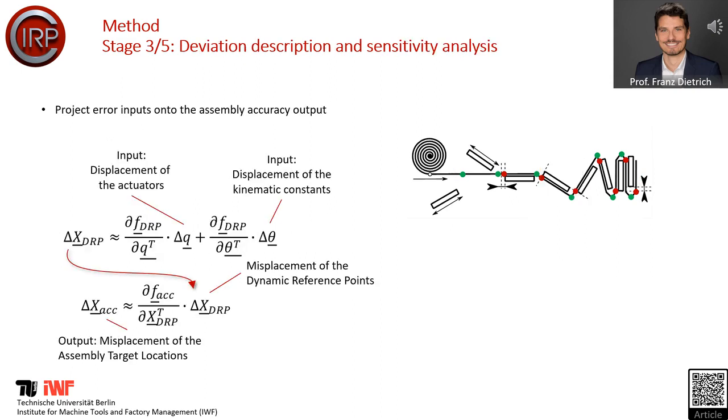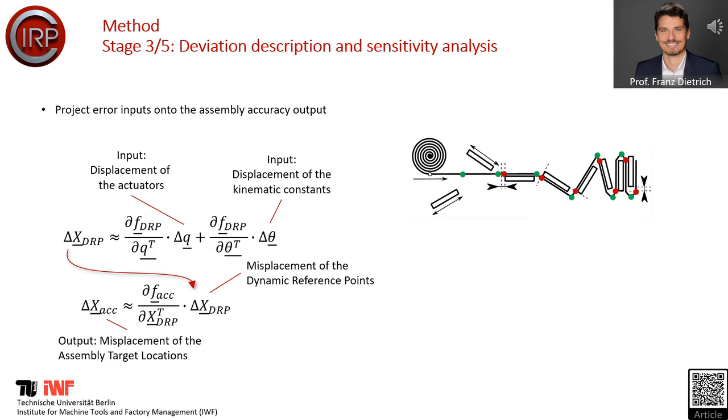In stage 3, the deviation is described and the sensitivity is analyzed. This is done by the differential of the kinematic model. So both of the kinematic models are differentiated so that each of the influences, say the actuator locations and the tunable parameters, can be used to project on the end effector, also the dynamic reference points, and also towards the accuracy variables.